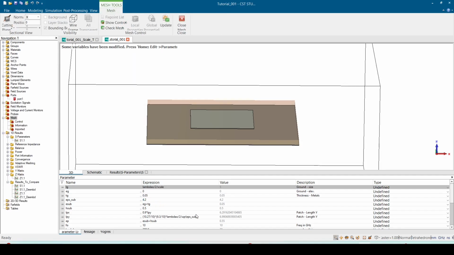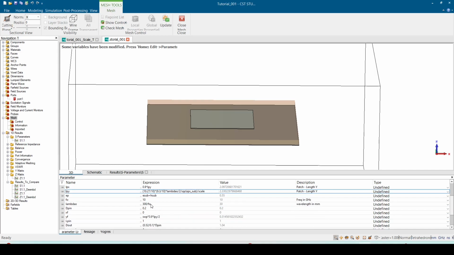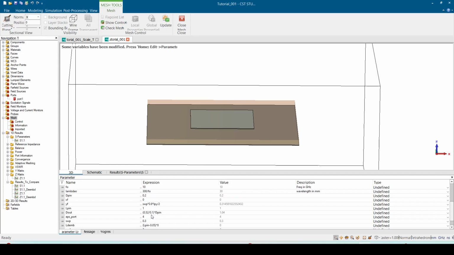This connects to LPY, the value we adjusted before; I will just divide it by scale, right? It should be smaller. Everything else is the same, and as we will see later, even the dimension of the pin I will do the same. So literally I scale everything down.